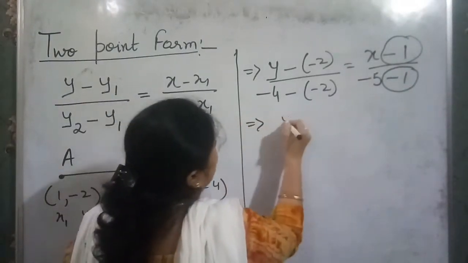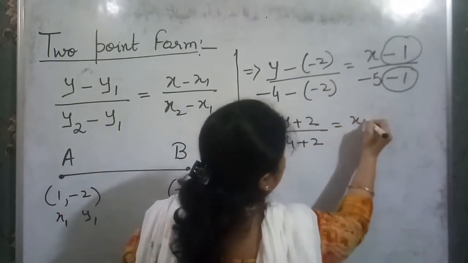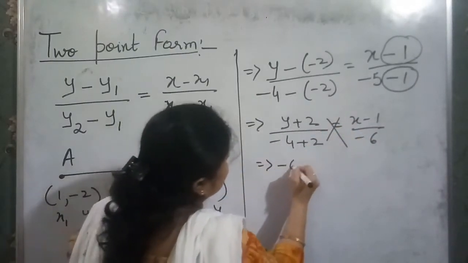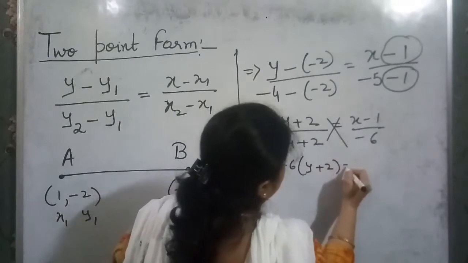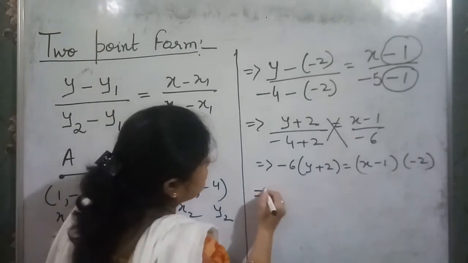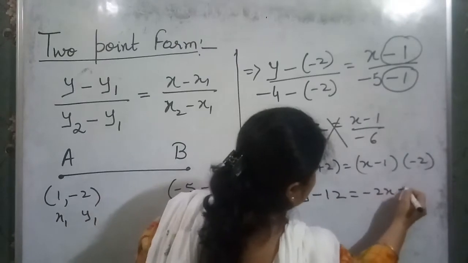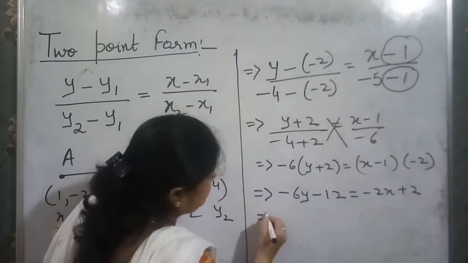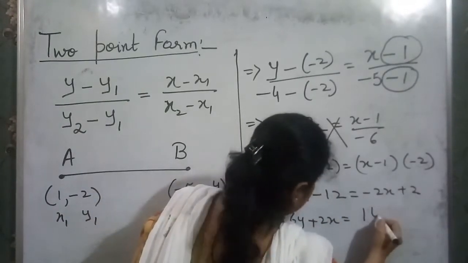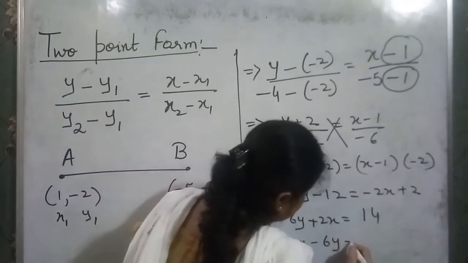Now we have y plus 2 over minus 4 plus 2, equal to x minus 1 over minus 6. Now cross multiply it. We have minus 6 times y plus 2 equals x minus 1 into minus 2. Clear? It's solved now. Minus 6y minus 12 equals minus 2x plus 2. Bring it over here. We have minus 6y plus 2x is equal to 14. So the equation of the line is 2x minus 6y is equal to 14.